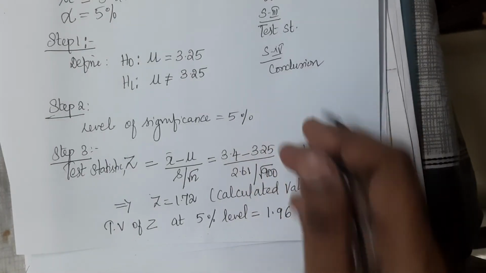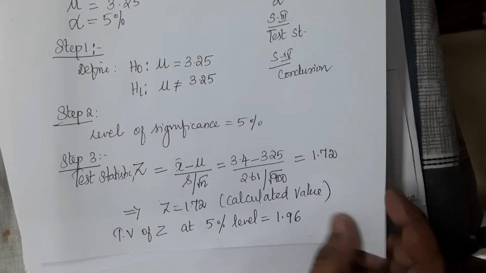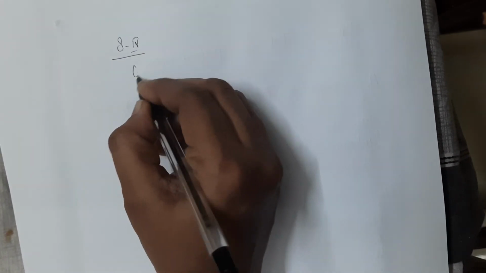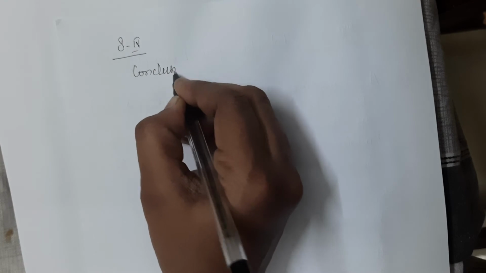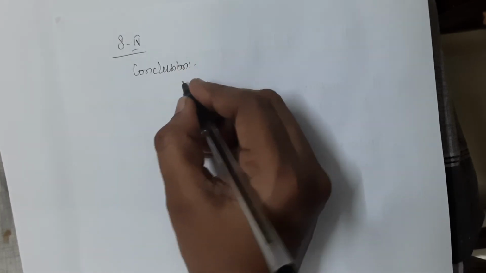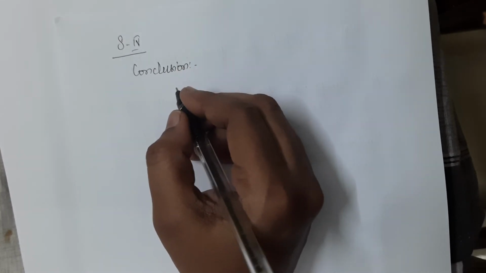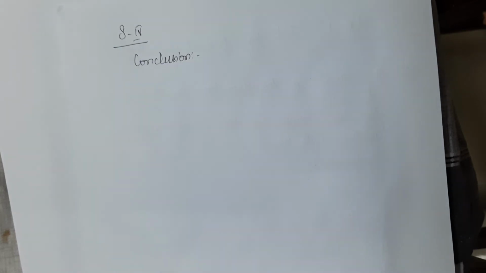What is step 4? Step 4 is going to be our conclusion. The conclusion is going to be so simple. We need to compare the table value and the calculated value.